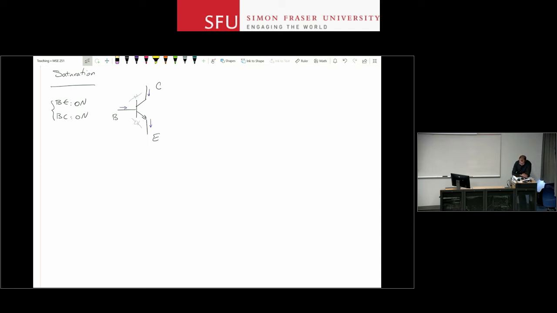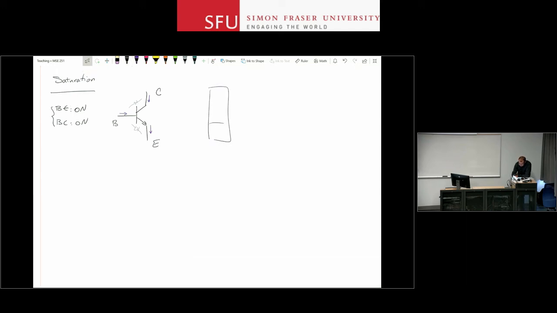Now remember that we said the doping on the N side for emitter is higher than the doping for the N side for the collector. So the structure of the device, if I again go and look at the semiconductor, I have N region here, P region here, N plus here. The doping on the N side at the emitter is higher.